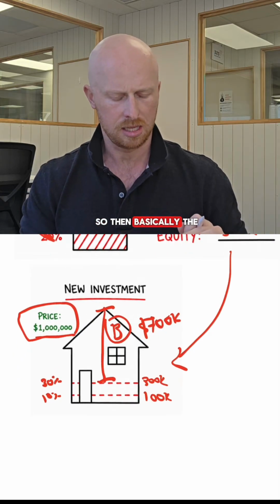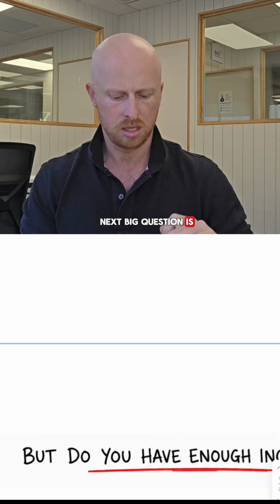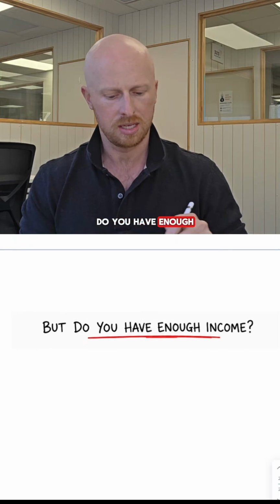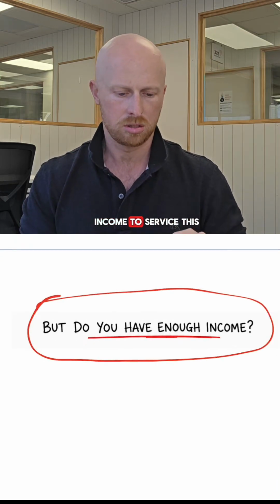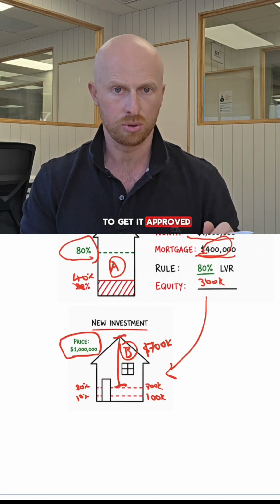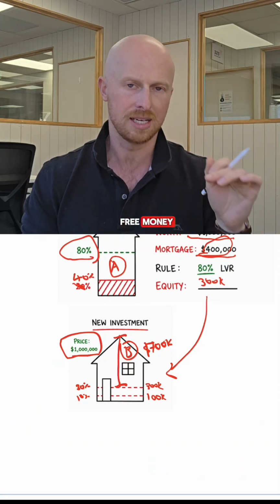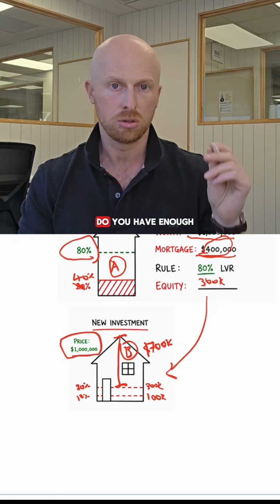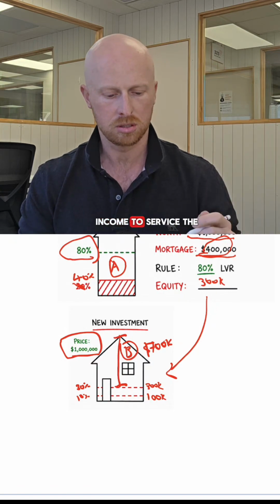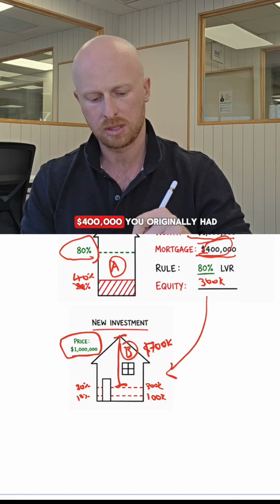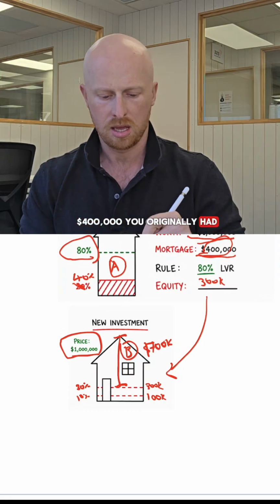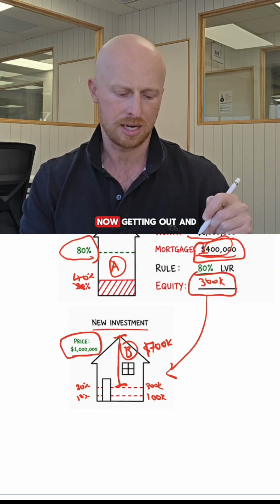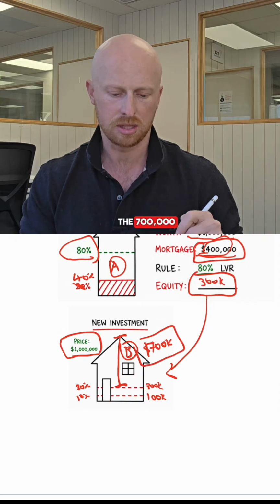So then basically the next big question is, do you have enough income to service this to get it approved? Because equity is not free money, it is a loan that you have to pay back. Which basically means, do you have enough income to service the $400,000 you originally had, the $300,000 that you're now getting out, and the $700,000?